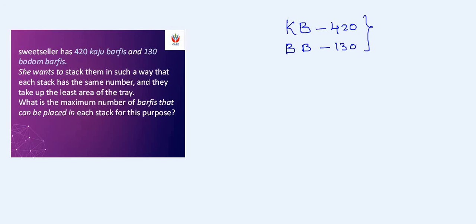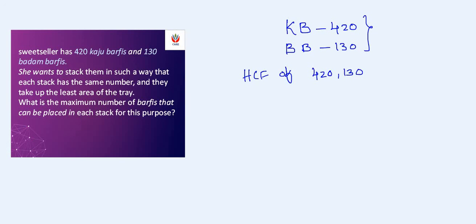What is the maximum number of burfis that can be placed in the tray for the purpose? In a sum, whenever you are asked for the maximum number, indirectly he is asking for the HCF of the 2 numbers. So we will find the HCF of 420 and 130.